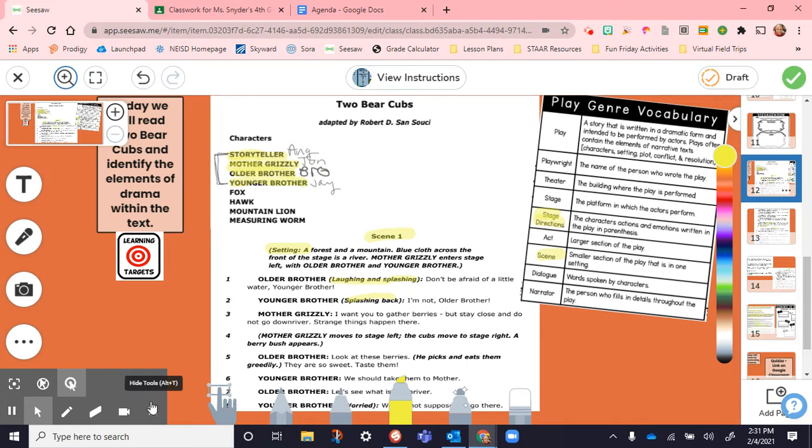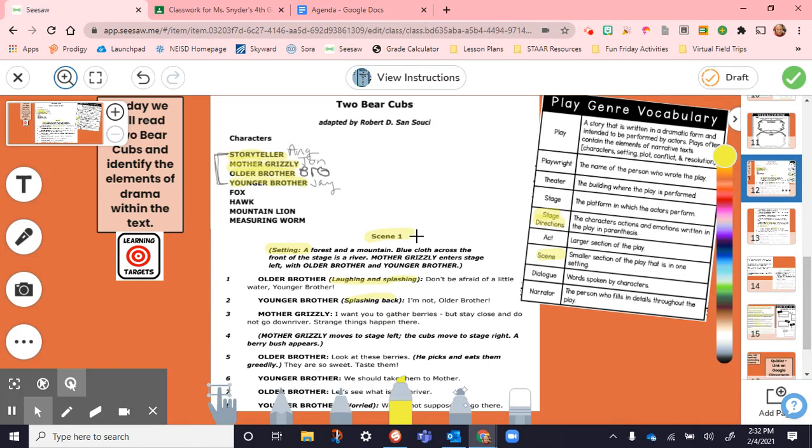He's not just eating one grape at a time. He's stuffing them in his mouth like he doesn't want to share. And he says they taste so sweet, taste them. Like he's excited about these berries. That helps paint a picture in my head about what's actually happening, and that helps with comprehension.